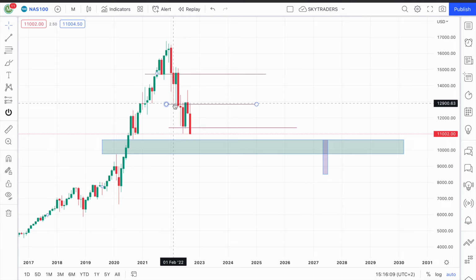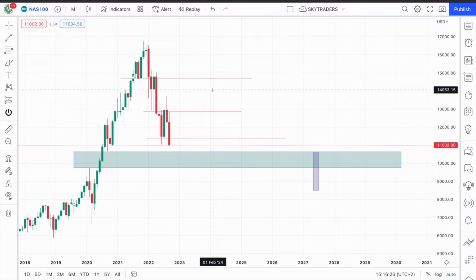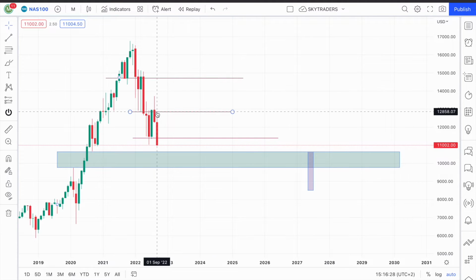Once we broke this level, we tried to trade back, taking out the liquidity of the sell orders that were previously placed once we broke through this level, and then a high pressure sell candle. And check this candle. The wick of this candle is perfectly aligned with the wick of this buy candle at the 1st of March 2022.